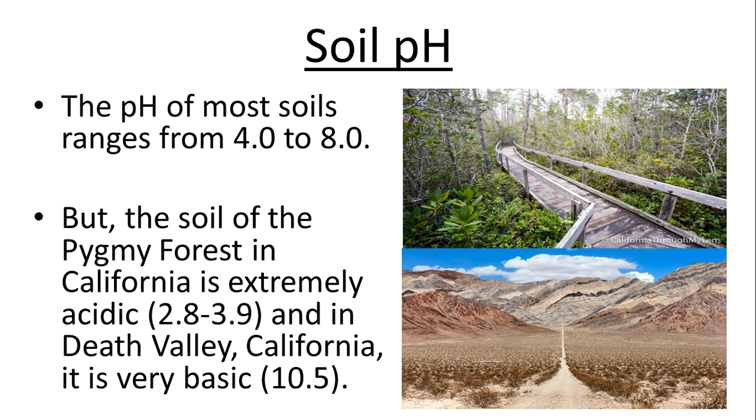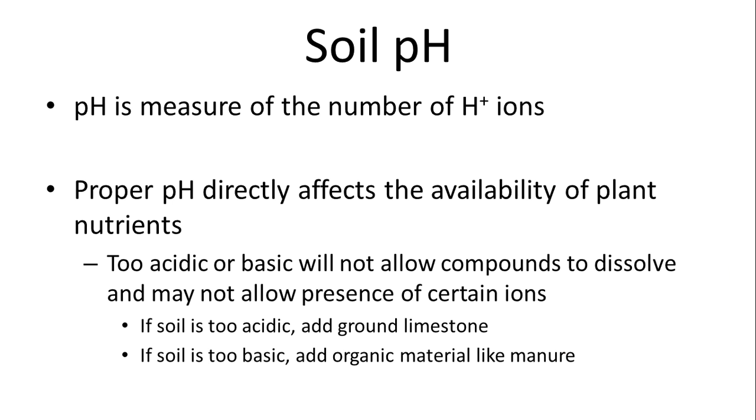And so the pH ranges anywhere from 4 to 8, depending on your soil. And so some are extremely acidic or basic. So those are exceptions. But depending on what is optimal for the organisms that are there, that's what your soil is going to be.